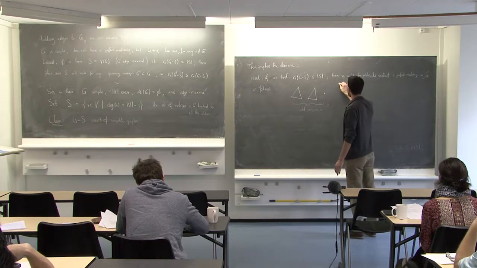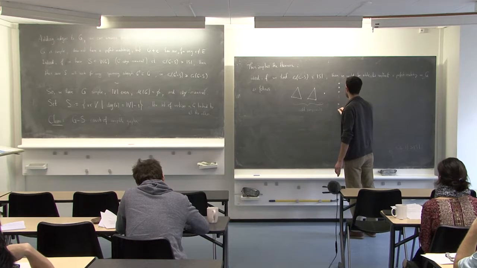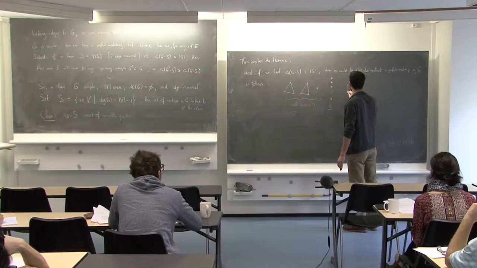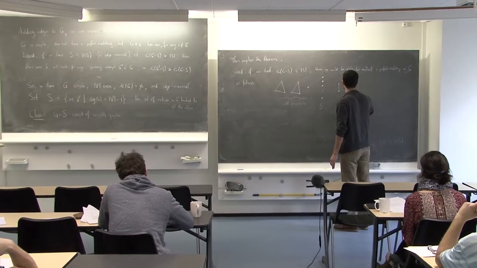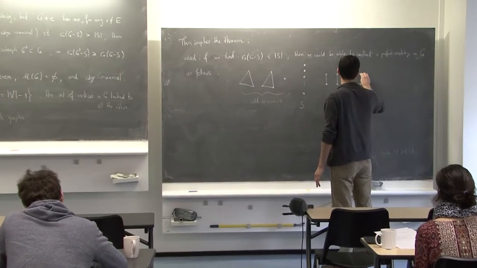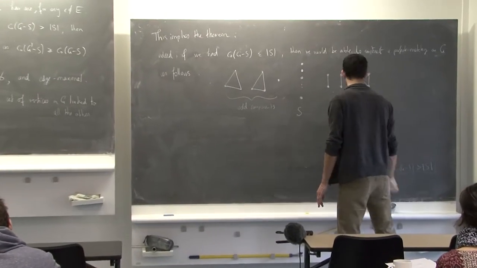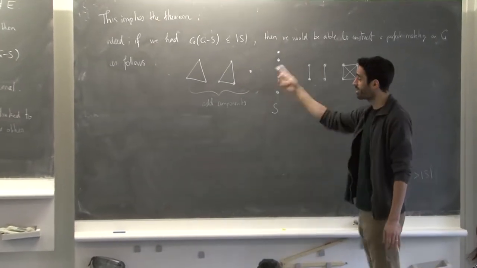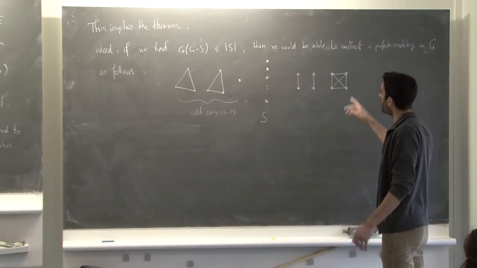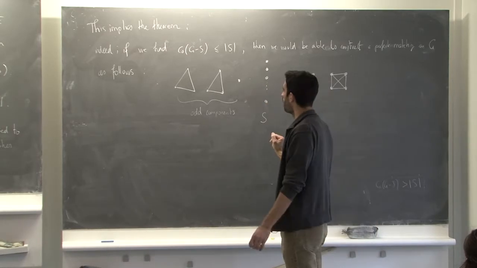Then we have S. And we have some even complete graphs. And remember, S is linked to everyone. So how can we find a perfect matching?